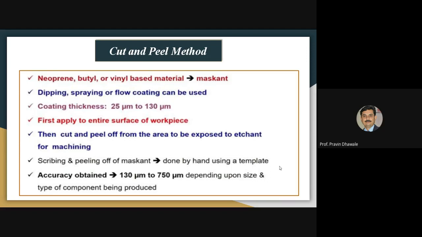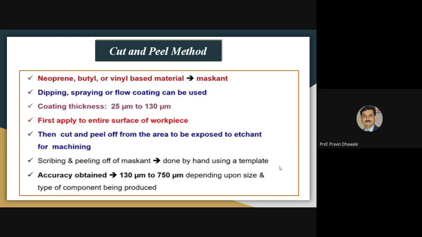It is applied by dipping, spraying, or flow coating. The thickness of such maskant varies from 25 to 130 micron.